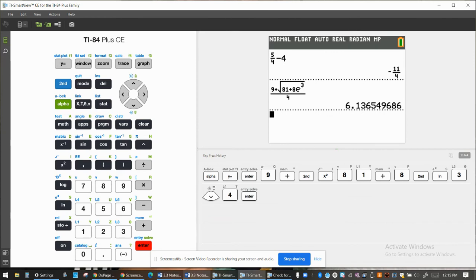Okay, so about 6.137. So that I can avoid typing all of that over again, I'm going to push second enter. Second enter allows you to retype, like the calculator retypes everything you previously typed. So I'm going to go ahead and just change the plus sign to a minus.